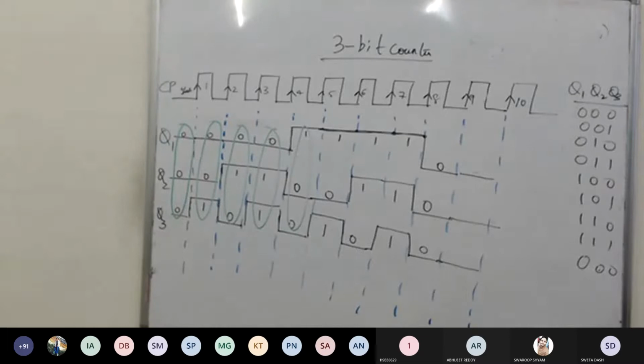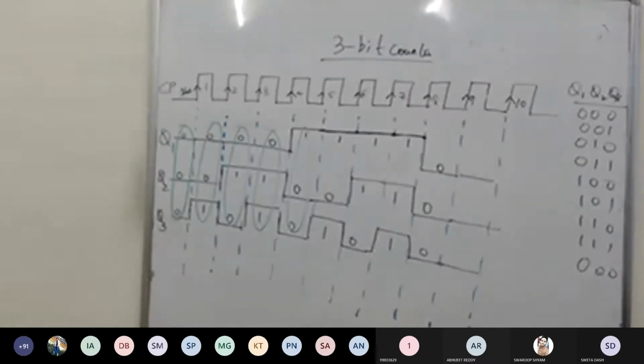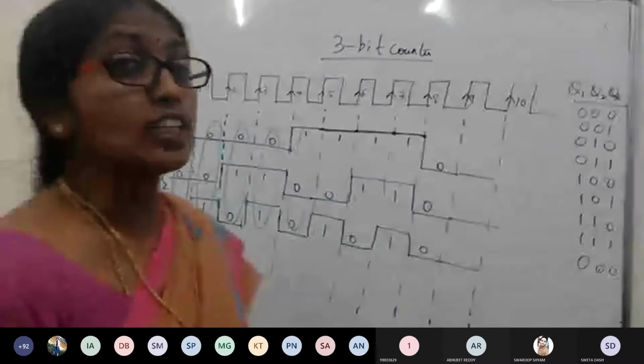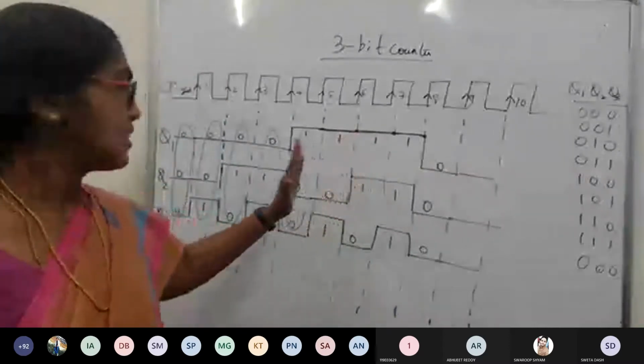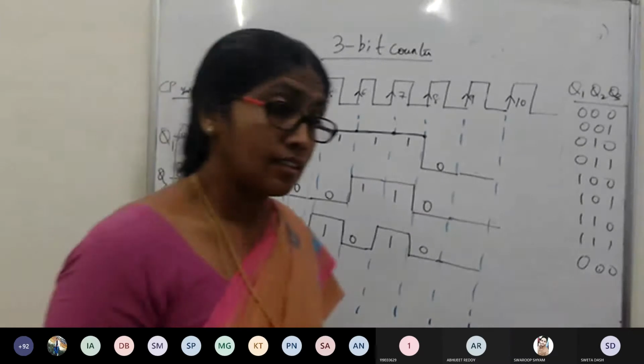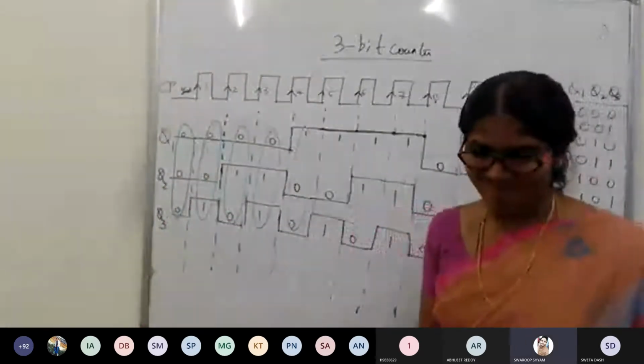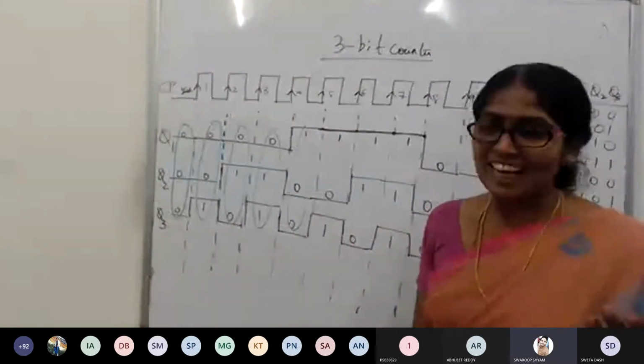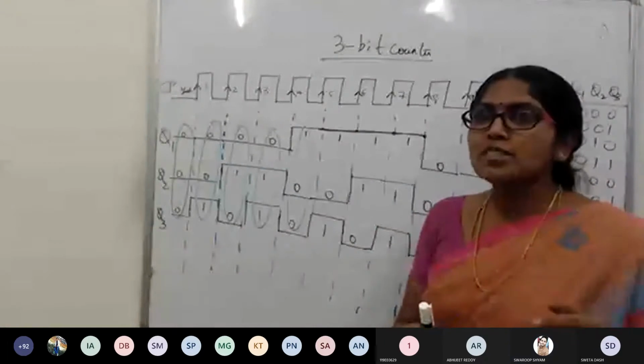How will the negative edge be? Will it be the same or different? Negative edge, how does it look? See, negative edge means what? Yeah, it looks the same but shifted.